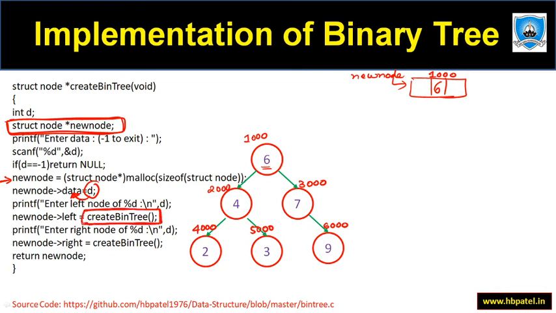This function will be called, and the address that the function is going to return will be stored in new node arrow left. I am going to store the address over here. Right now I don't know the address, but it will be written by this function. All right, so now let us go further. Now I am jumping from this position.